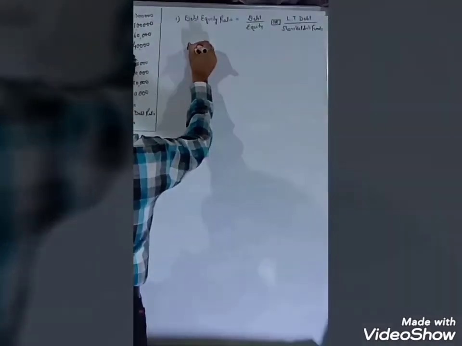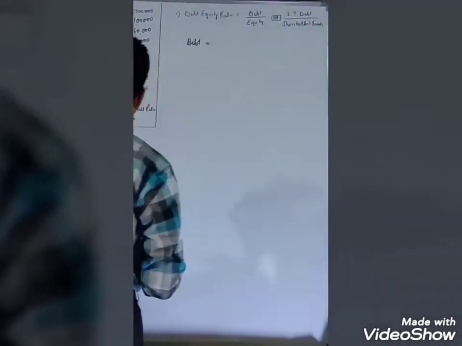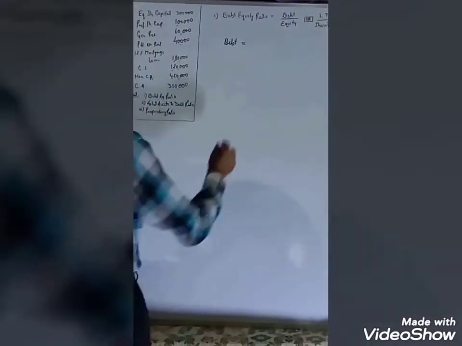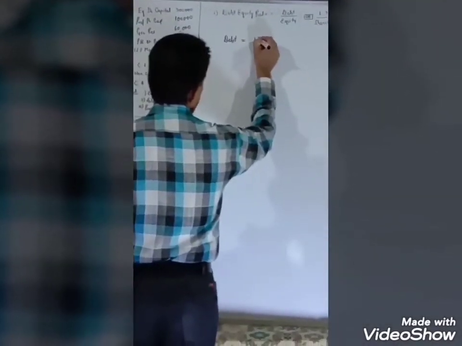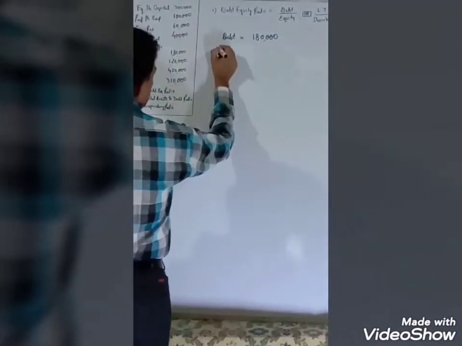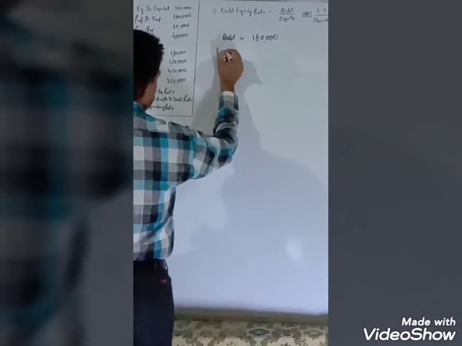So, firstly, we have to calculate the debt. Debt, we are having only 12% mortgage loan, 1,80,000. This is the long-term loan, so 1,80,000. This is our debt.